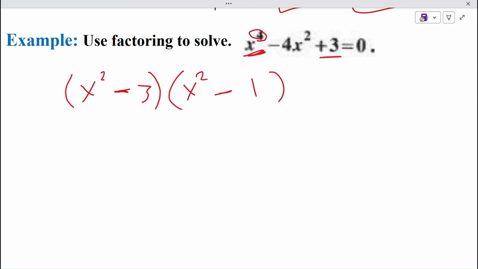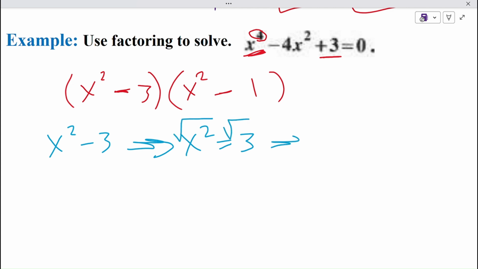Let's find out the answer, the value of this x. Here we have x to power 2 minus 3. It means x to power 2 is equal to 3. Then by taking square roots for both sides, x is equal to plus and minus the square root of 3. What about the second one?